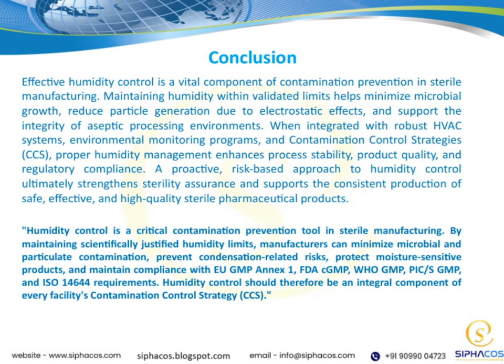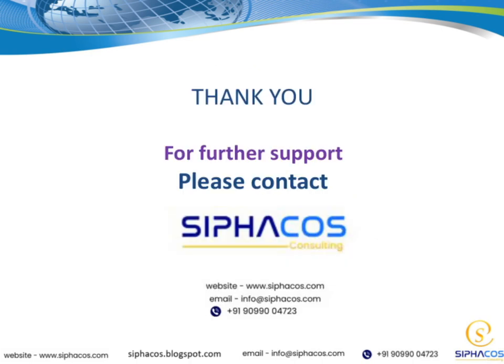When combined with strong HVAC systems and thorough monitoring, effective humidity management becomes a key part of any contamination control strategy. This approach not only supports product quality, but also ensures we meet strict regulatory standards, keeping sterile manufacturing reliable and secure. That brings us to the end.